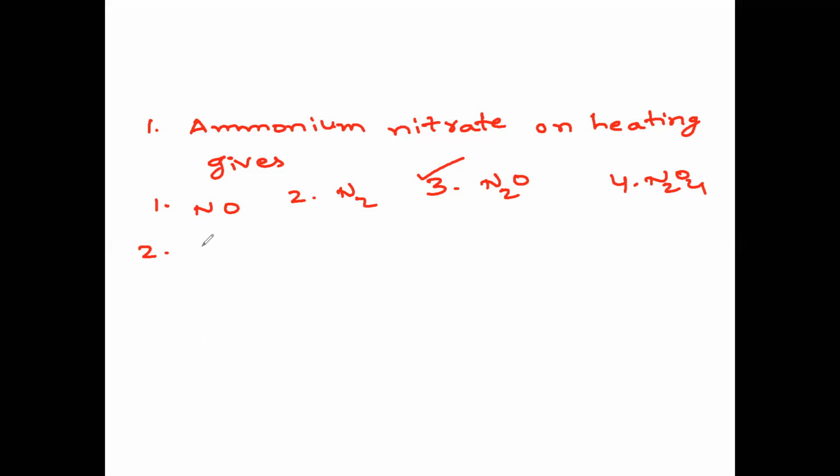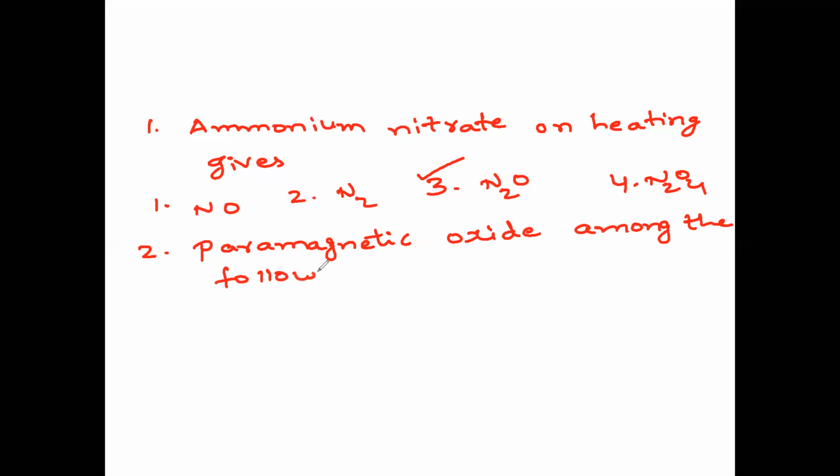The paramagnetic oxide among the following. This is also asked. So these are the different competitive questions they will ask in the examination. This is a previous JEE Mains question.